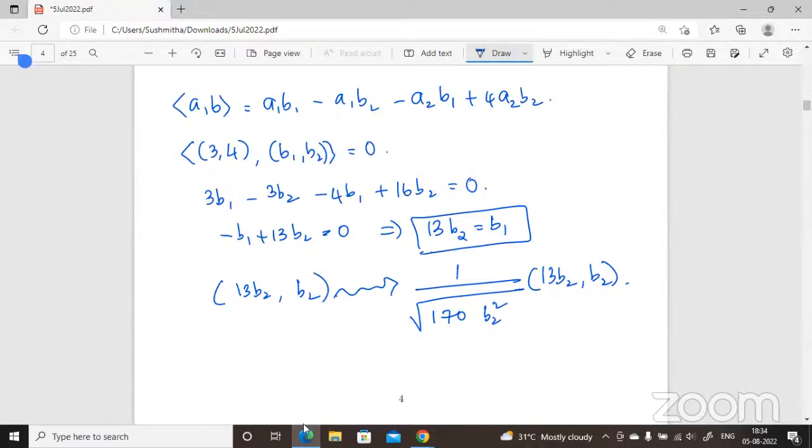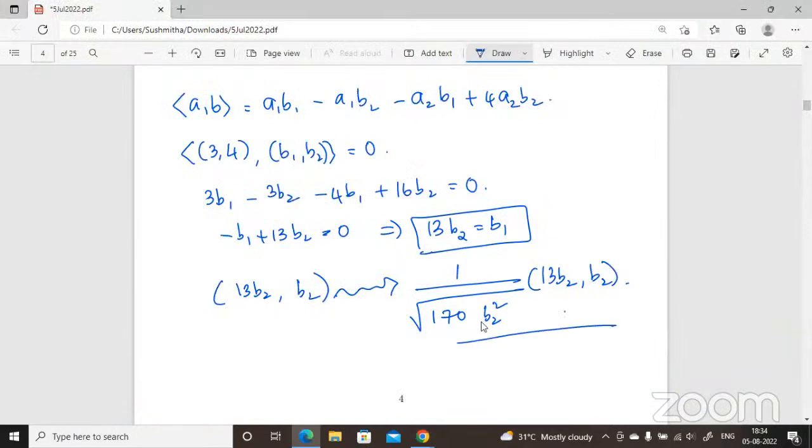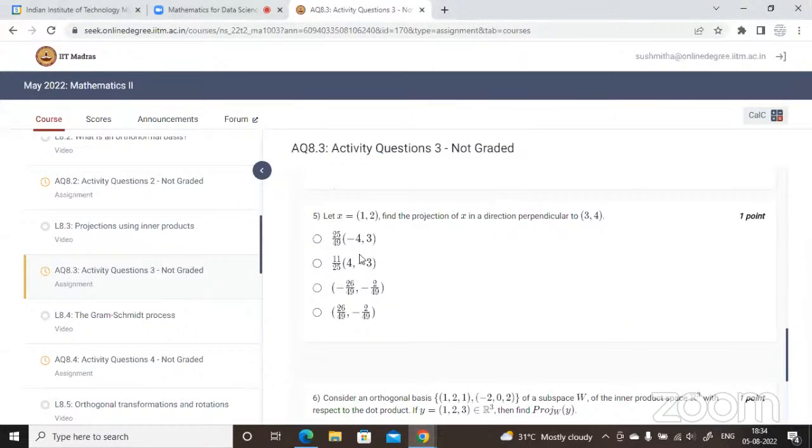The good thing about options is you have to first check if this is satisfied. Means the projection is going to be along this direction, right? So you will be multiplying some scalar with this. Obviously the first and second options don't satisfy. The third one also doesn't, or only the third one satisfies.